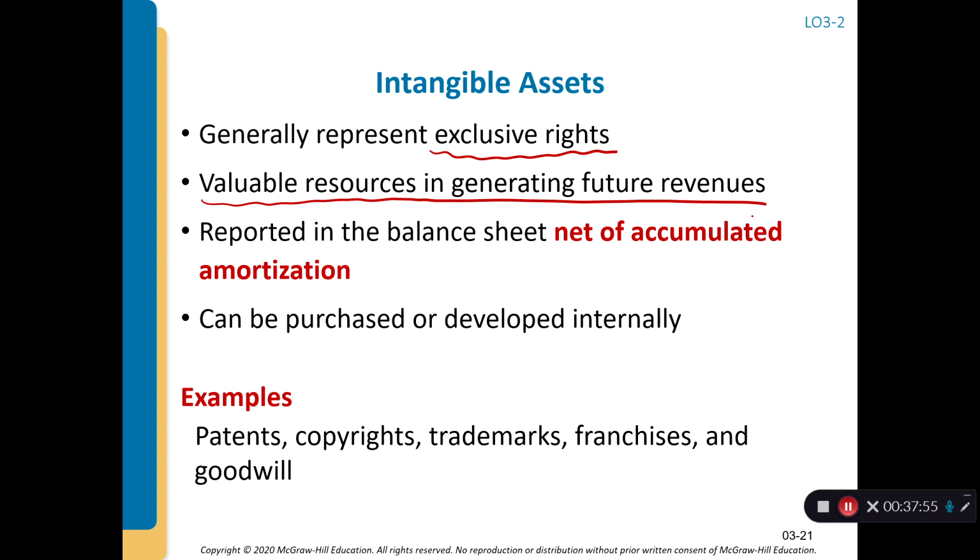You purchase a copyright or trademark from someone, you can use that exclusively to produce a certain product or process or name, and then transform those into a valuable resource for generating revenue in the future, right? And then they are reported in the balance sheet net of accumulated amortization. And then it can be either purchased or developed internally.